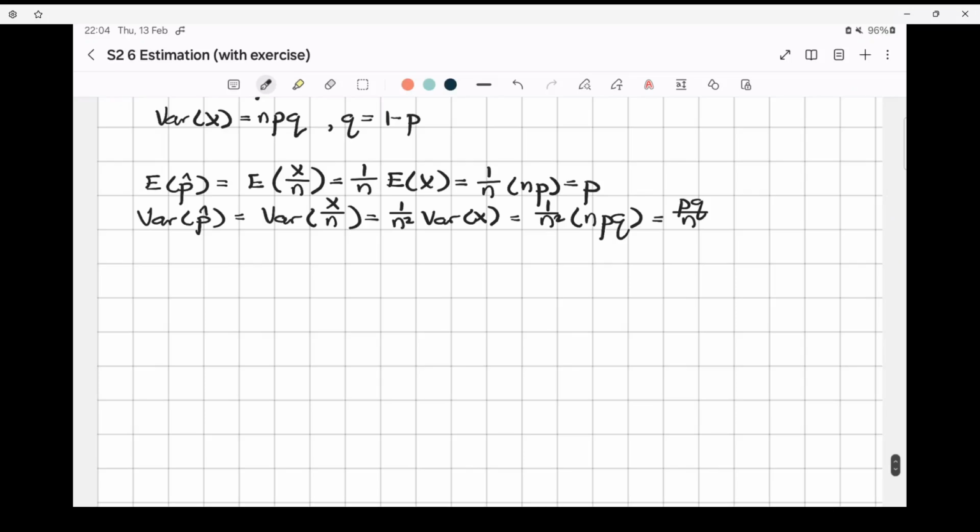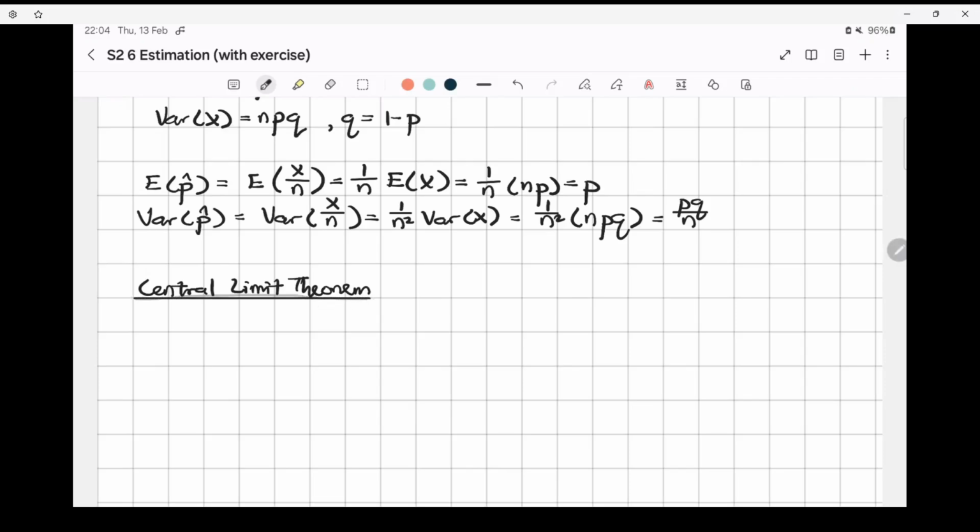Previously, we also learned the definition of the central limit theorem. It tells us that whenever your binomial distribution has a very large sample, it approaches a normal distribution.